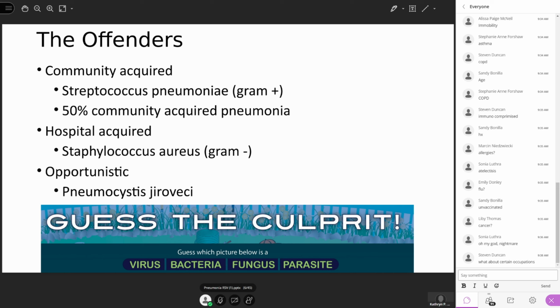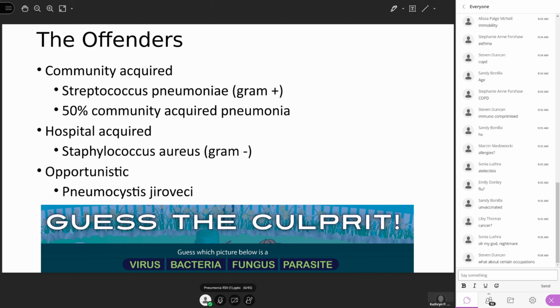In hospital acquired, it's usually a different organism. And we don't want our patients to get a hospital acquired pneumonia. And going back to aspiration, how are we isolating a patient, those kinds of things. You do not need to know the organisms for the exam.